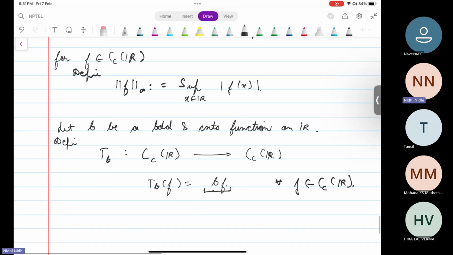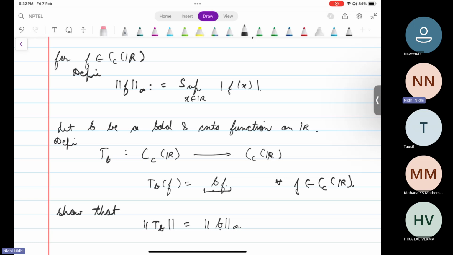Show that the operator norm of T_B is equal to the norm of B. By norm B, we mean the infinity or the supremum norm.